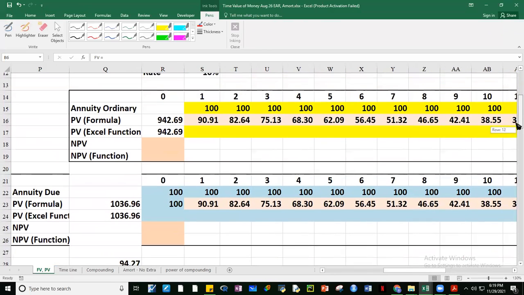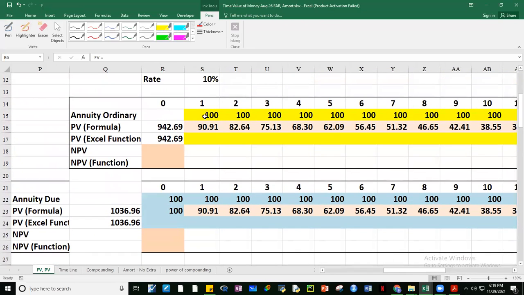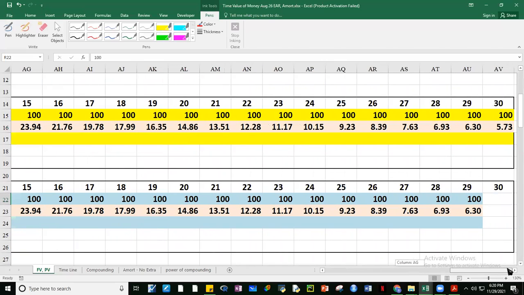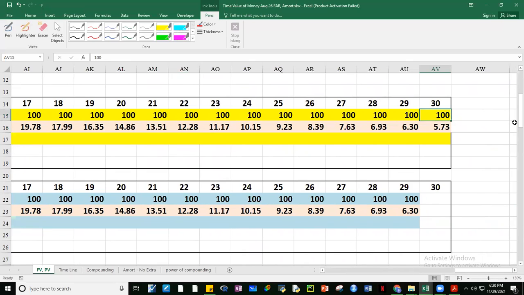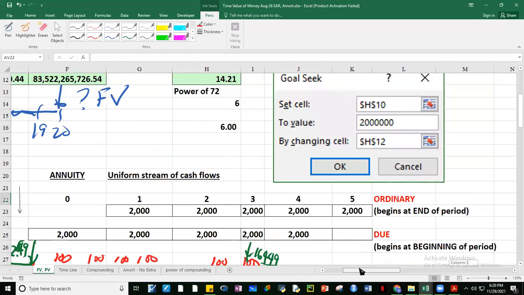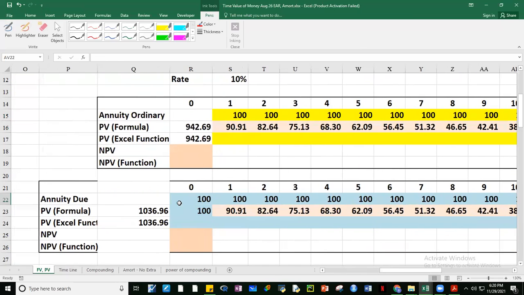Here, this is annuity ordinary, and we computed the present value of this stream of cash flows. It turns out to be 942.69. This one is annuity due, where the cash flow of 100 comes immediately. Take note, it's the same cash flow. In annuity ordinary, there is a cash flow at the end, and here there is none, while in annuity due, there is a cash flow right at the start.